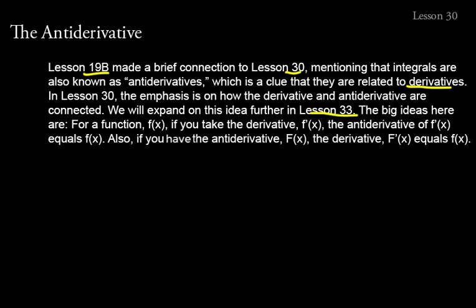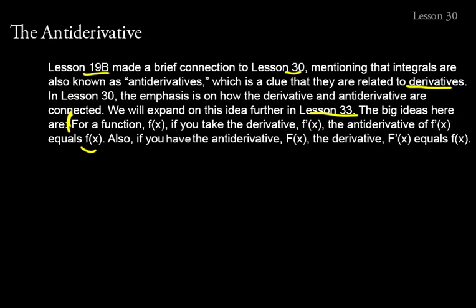The big ideas in this lesson are, for a function f of x, if you take the derivative f prime of x, the antiderivative of f prime of x equals f of x. So you take the derivative of f of x, you get f prime of x. The antiderivative of that gets you back to the original function f of x.